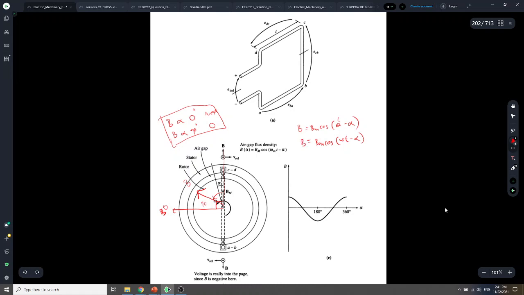Okay, so once we put a 90 degree here, so they will become zero.